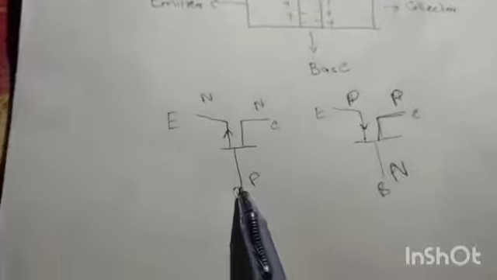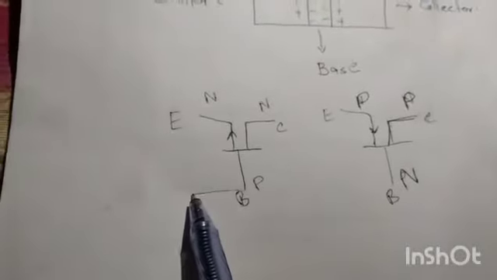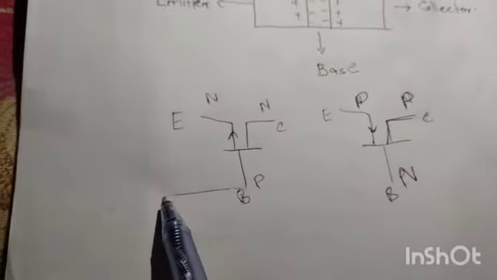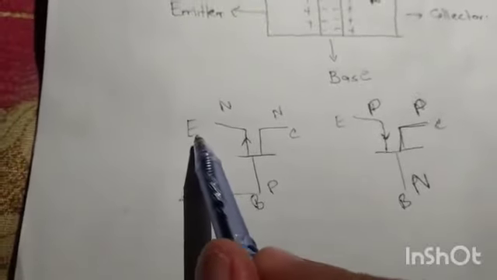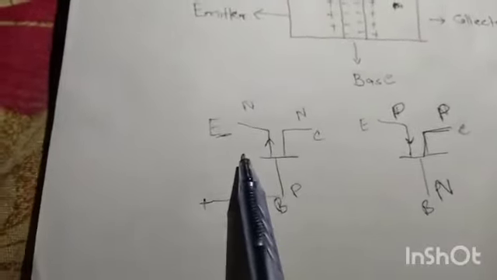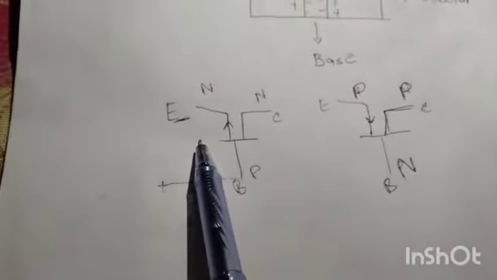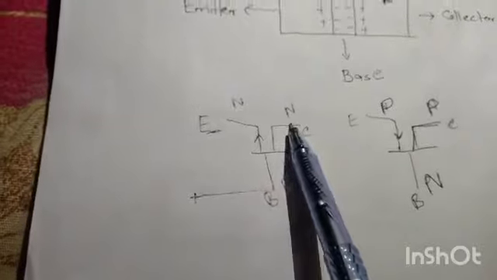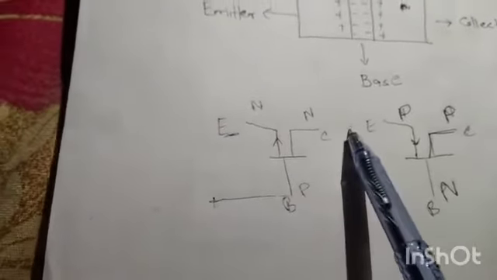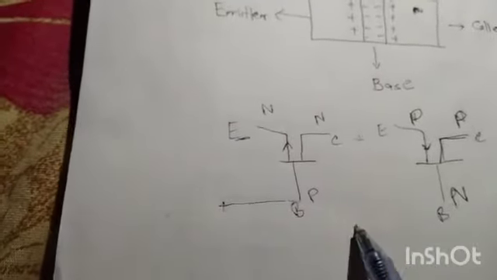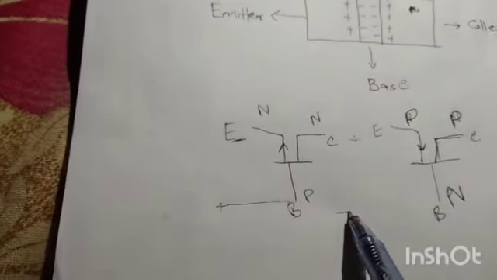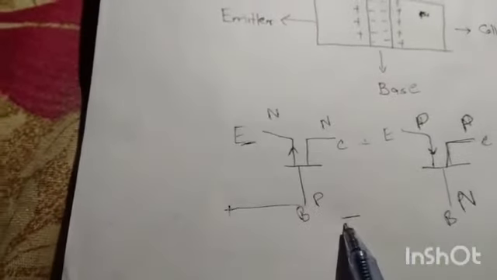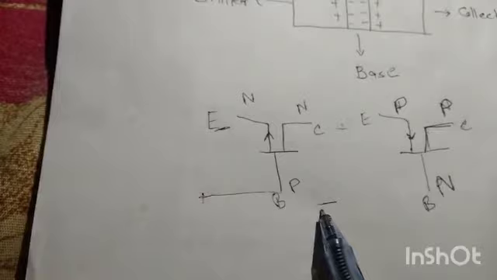You know that forward biased means that P is connected towards positive and N is connected with the negative terminal of the voltage. Clear? And on the other side, when N is connected with positive and P is connected with negative, this combination you call reverse biased mode.